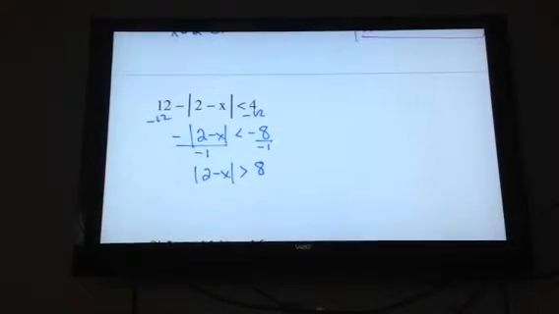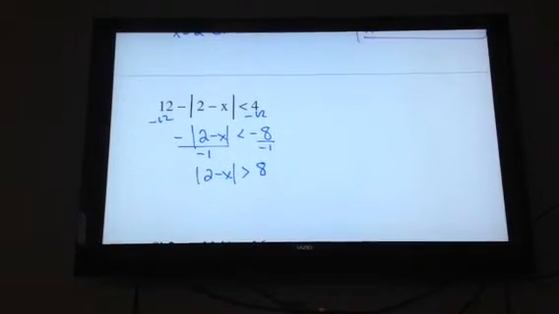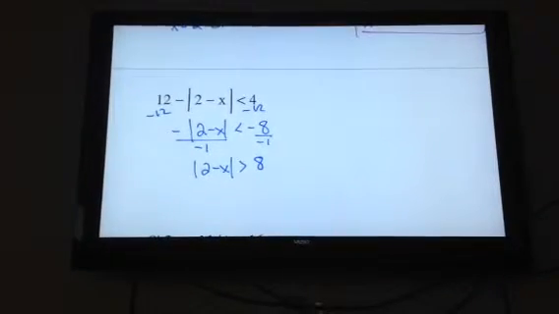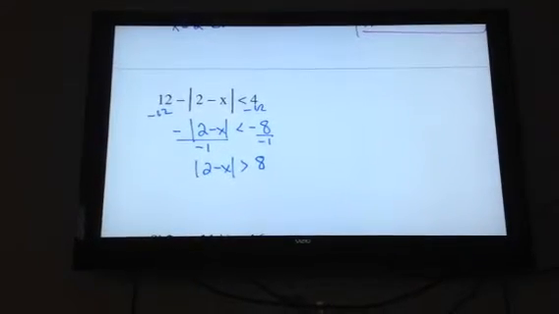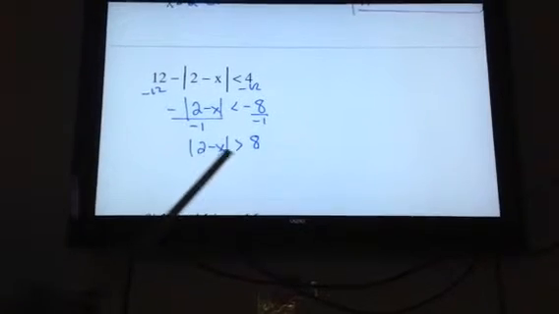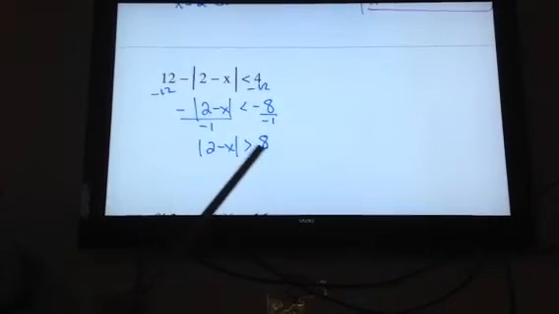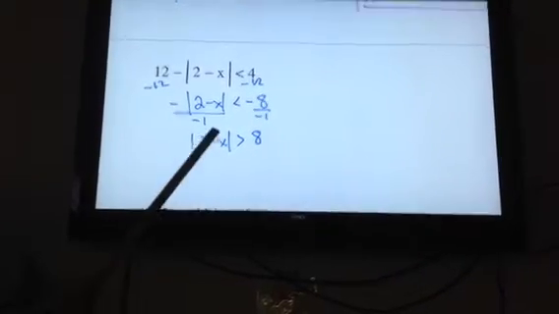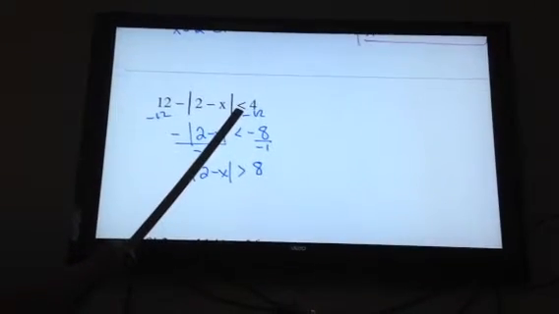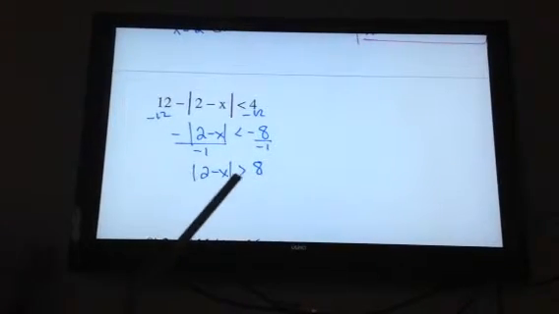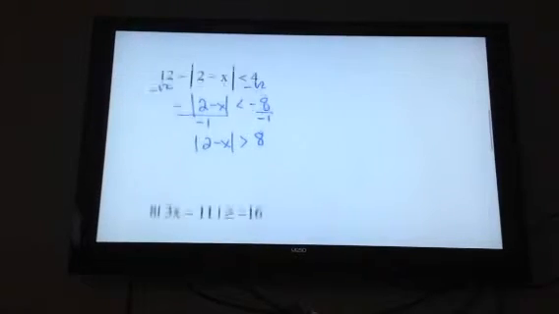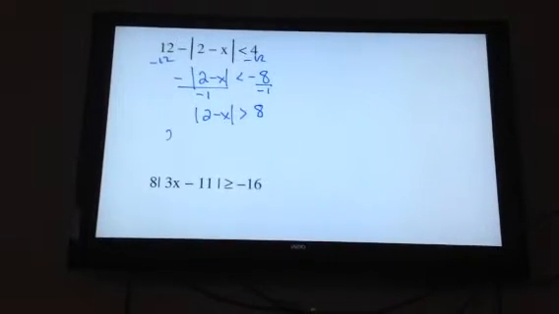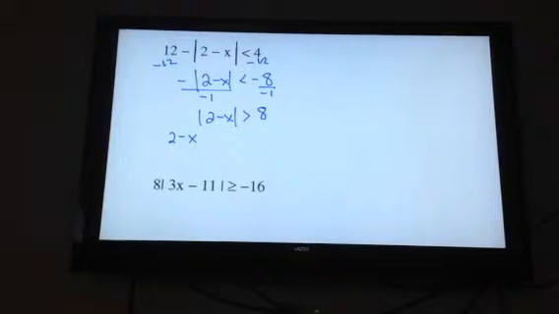So this is important. I'm getting ready to set up my cases. In the midst of the solving, to get the absolute value, I have switched the direction of the symbol. This is where you determine your word. This is where you determine if it's an and or an or, not at the beginning of the question. Okay, so once the absolute value is isolated and you set up your cases, that's where you'll look to see what word's going to be there. Okay, so I'm going to have 2 minus x is greater than 8.